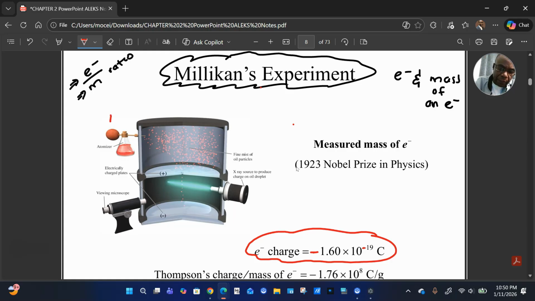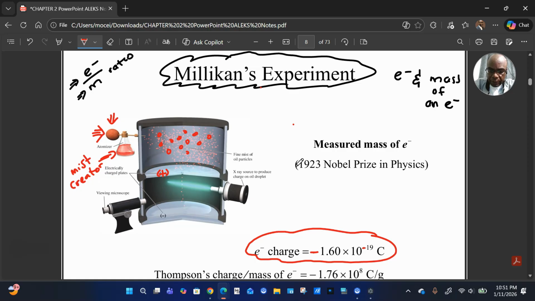So he used an atomizer. Think of this as a mist creator of particles, where he is pumping here to form a mist of oil, and then those oil drops, the mist of oil drops, find their way down to a charged plate.